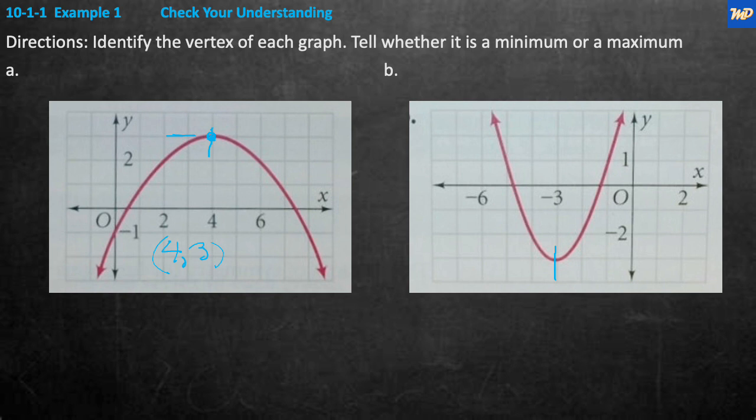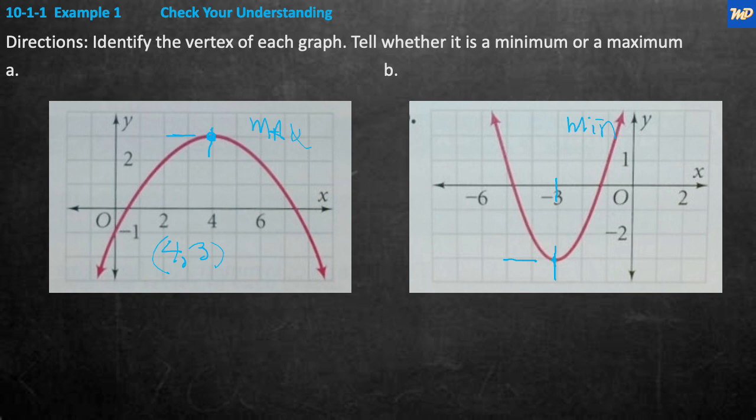Now when we go to B, we see that the line of symmetry crosses at x equals -3, down here at the bottom. The lowest point on this U is at the vertex, and this is an upward facing U, so this is a minimum where A was a maximum. I'll say max over here for A, and min, M-I-N, over here for B. And what is the point of the vertex?